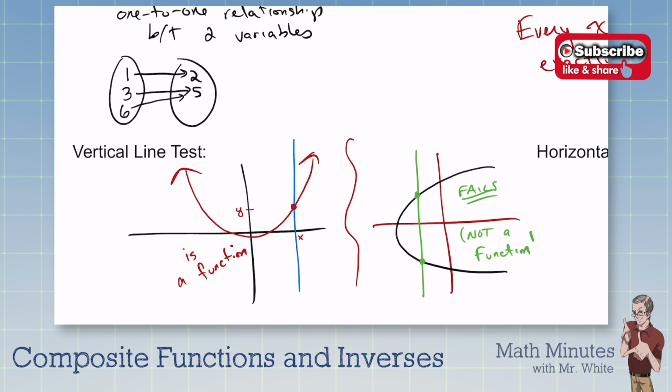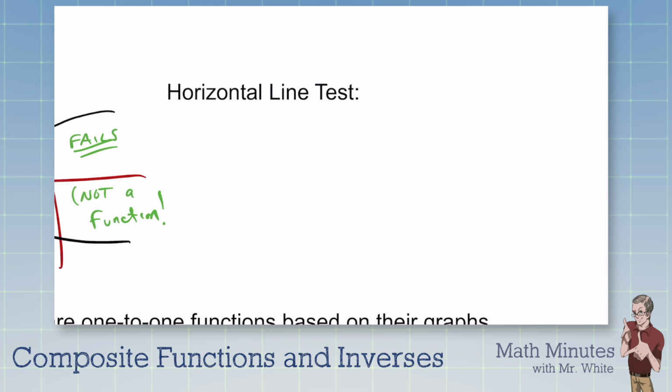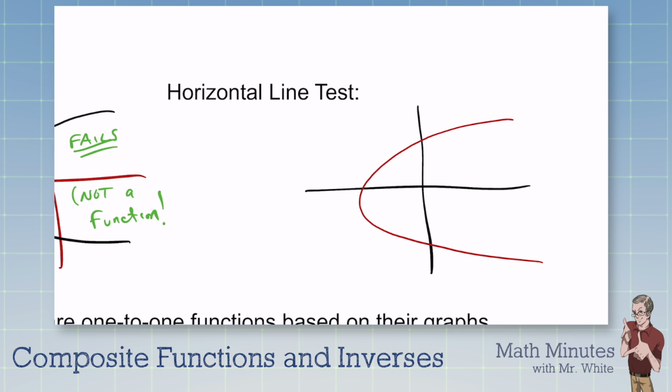Okay, so that's how we can spot it. There's also a horizontal line test, and it's basically the same. We're going to see what this is useful for in a moment. If I have a graph like this, you see how that passes the horizontal line test. And that's going to have to do with the inverse, which we'll talk about in a bit in this video.